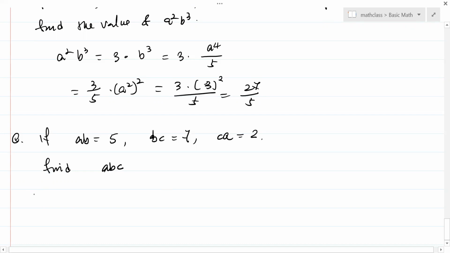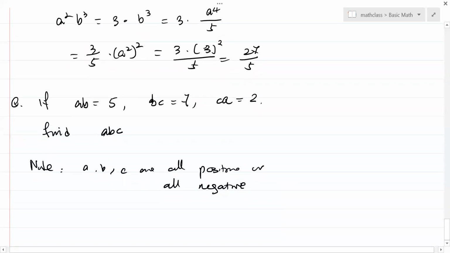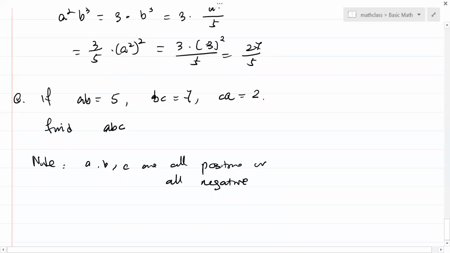First of all, you should note that A, B, C are all positive or all negative, because when they're all negative, the product is always positive. You don't see the negative sign, so you have to pay attention to that.